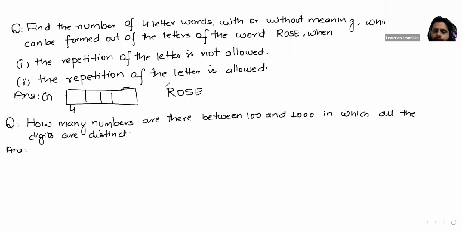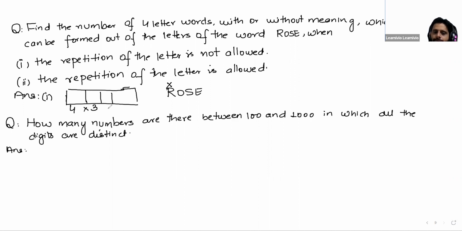Okay. And suppose you have chosen R over here, then can you tell me how many options the next box has? And can you tell me how many options the next box has? 3. Very good.